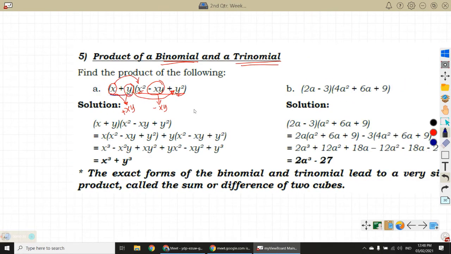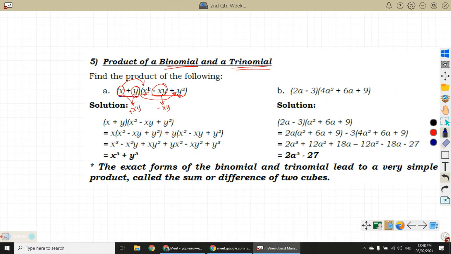So, ganito lang naman ang gagawin ninyo. Pagka na-inspect ninyo na ito ay product of binomial and trinomial, you're just going to get the cube of first term and the last term. Okay? So, cube of first term, x, this becomes x cube.